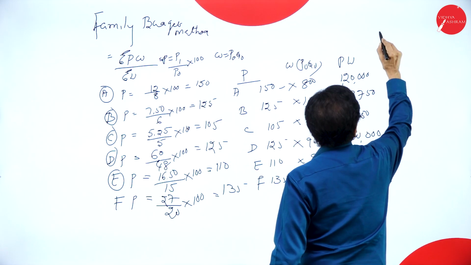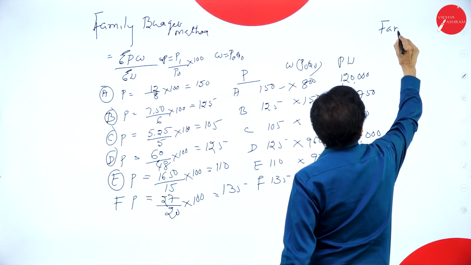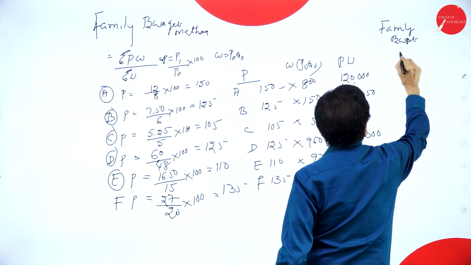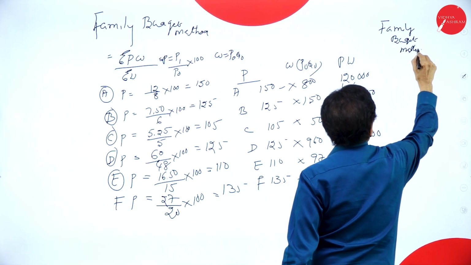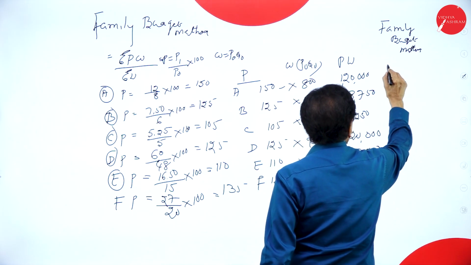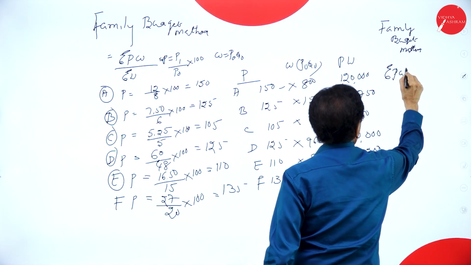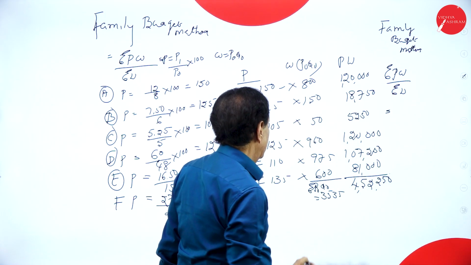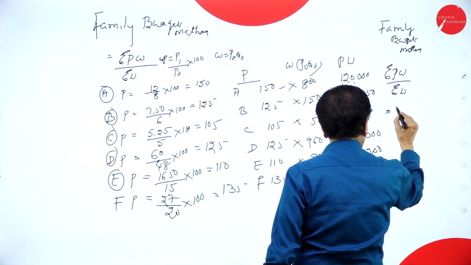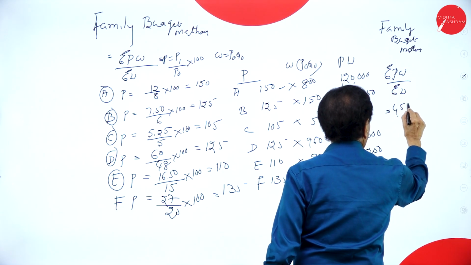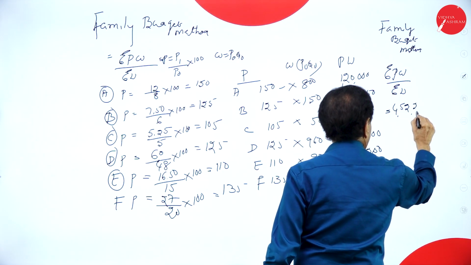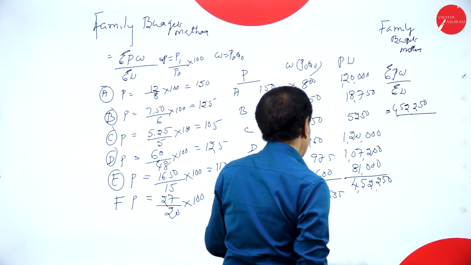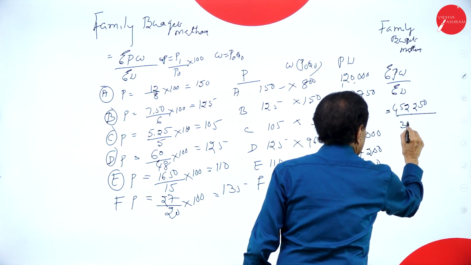Apply sigma PW divided by sigma W. What is sigma PW? 4,52,250 divided by your sigma W, which is 3535.